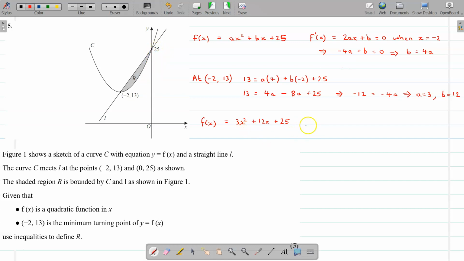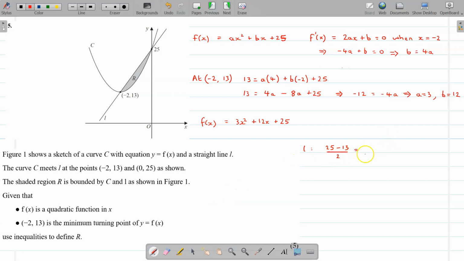So if I just work on L now over here, for L, I can say that 25 minus 13, and I need to divide that by the difference in the x coordinates, which is minus 2 to 0, which is 2.